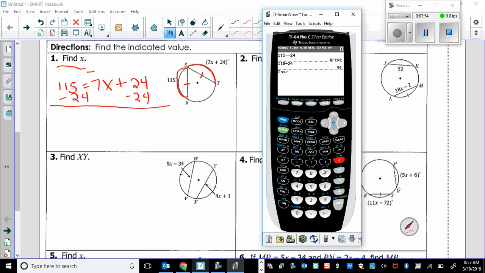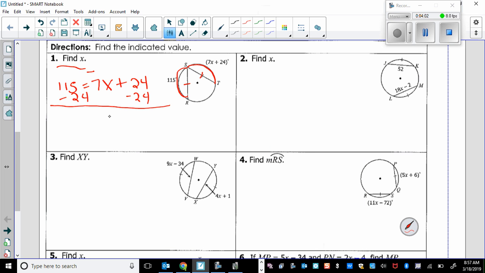So this will be divided by 7, right? So this gives you 91 equals 7x. Divide both sides by 7. x would be 13. And then always go back and check: did I answer what the question is asking? You did, for x.